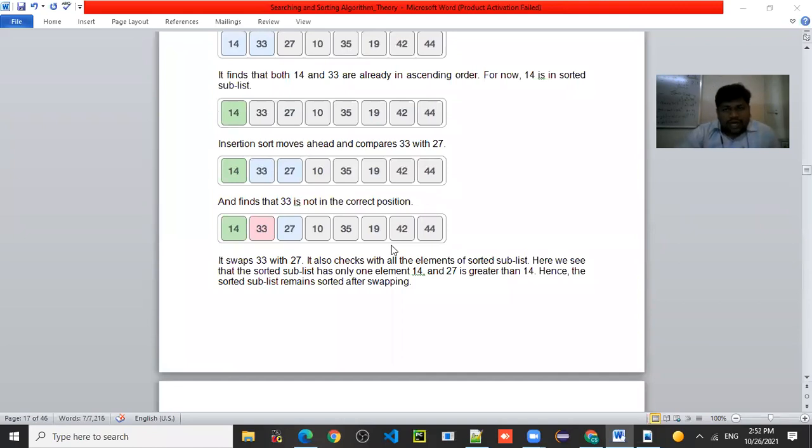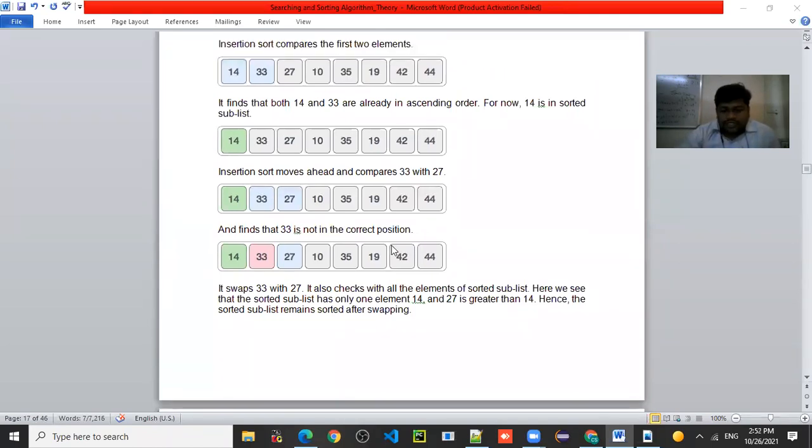And again, a very important difference: bubble sort is slower than insertion sort. Slower means it will take maximum time as compared with insertion sort, and insertion sort is faster than bubble sort, right? So these 2-3 differences are very important.